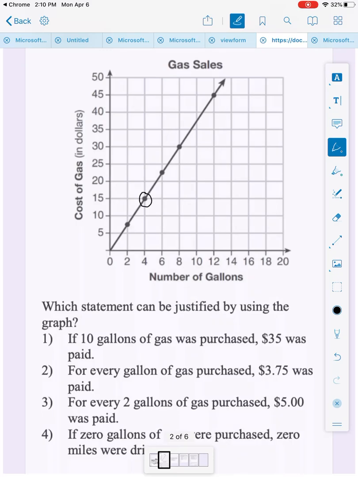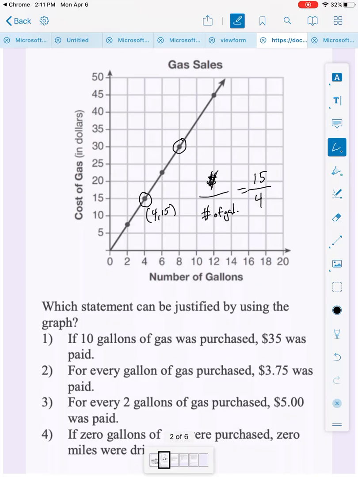Now, I see 2 very distinguishable points that fall on actual integer coordinate pairs, meaning the cost over the number of gallons is an actual number. So like this first point, 4, 15, where $15 is the cost for 4 gallons of gas.